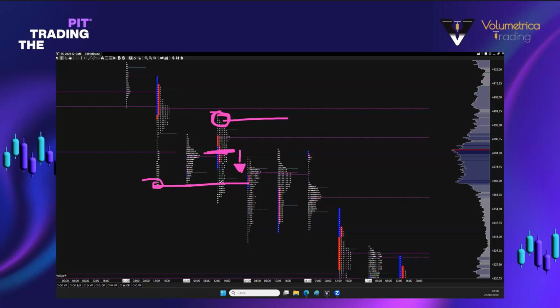In fact, we can see that as soon as market reaches that level, look how much acceptance there still was over there. As well as here, three prints. So there was definitely interest.